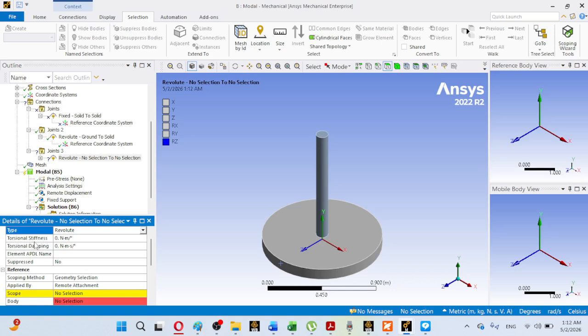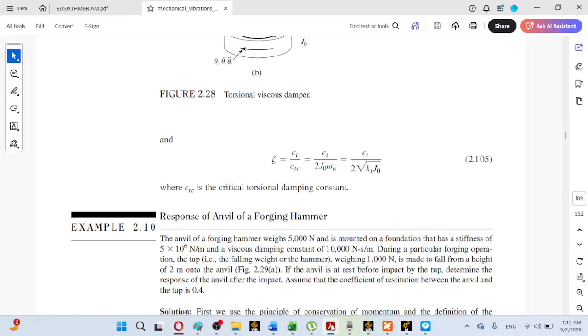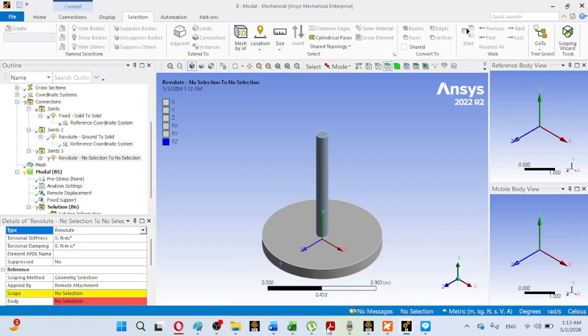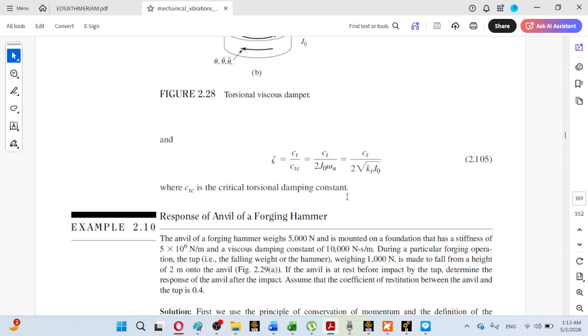One is the torsional stiffness, KT. K subscript T is the torsional stiffness, and the other information that it requires is torsional damping, C subscript T, meaning the torsional damping constant.